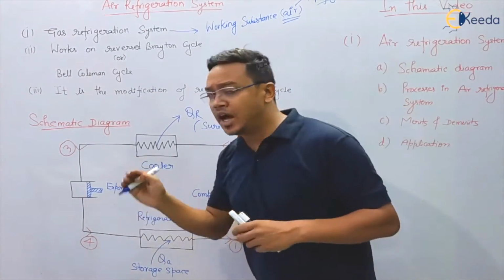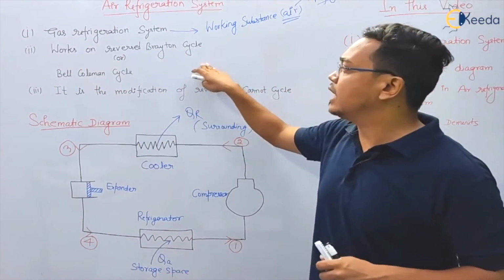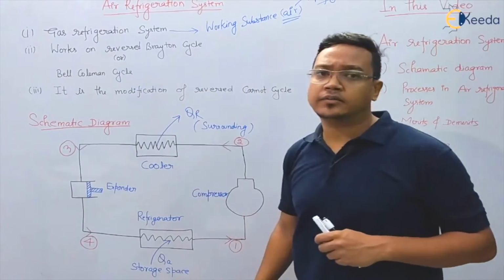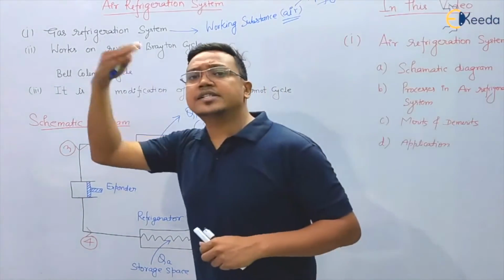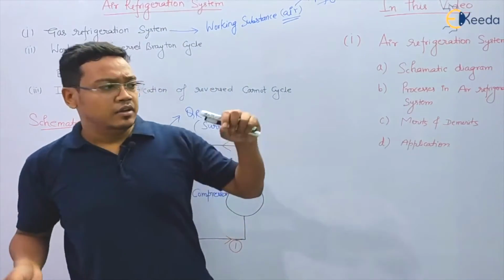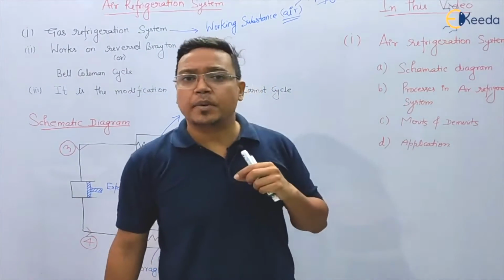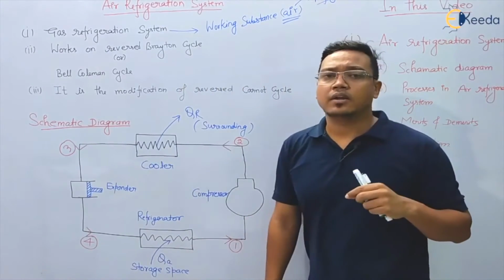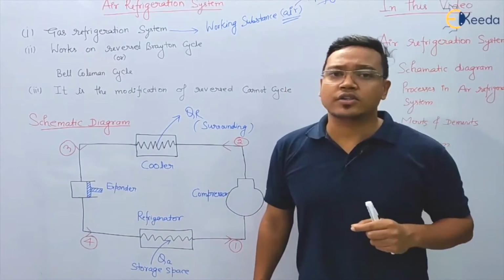Okay friends. Now second point. It works on reverse Brayton cycle or Bell-Coleman cycle. Actually, the reverse Carnot refrigerator and reverse Carnot heat pump were operating on the basis of the reverse Carnot cycle.